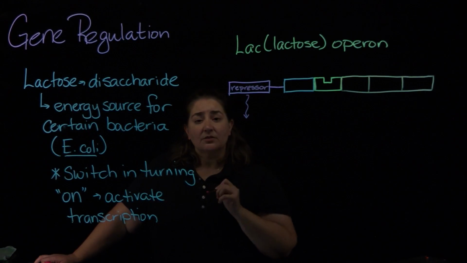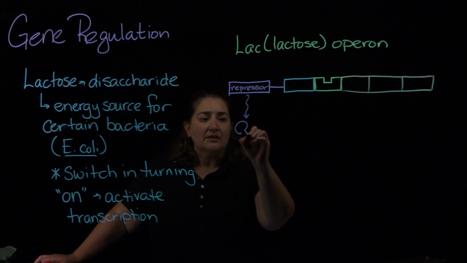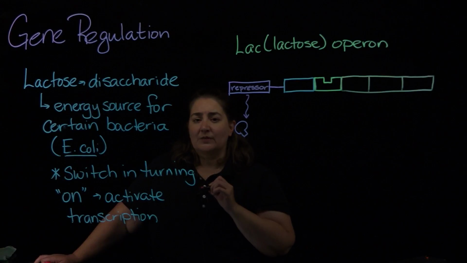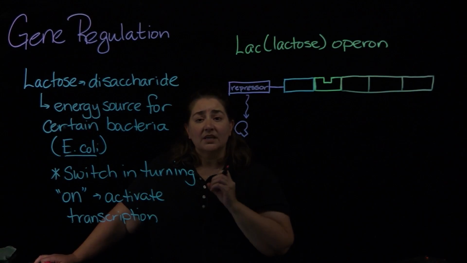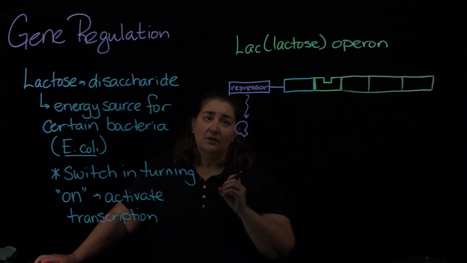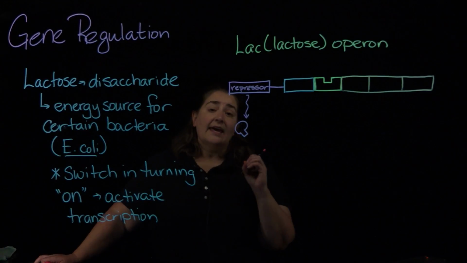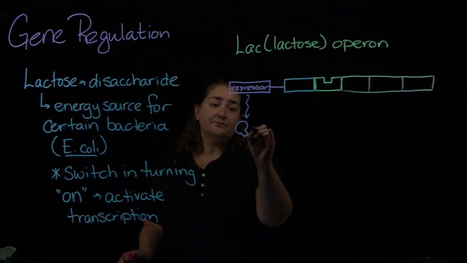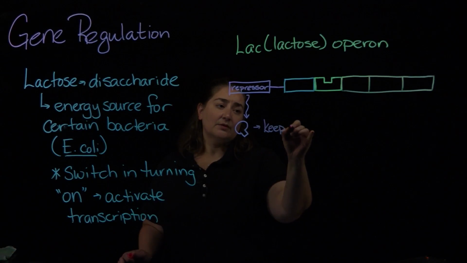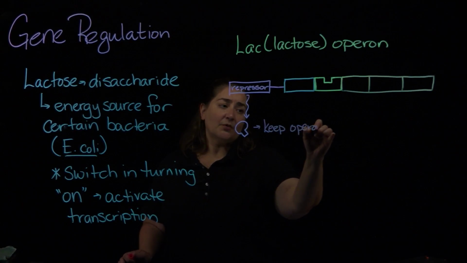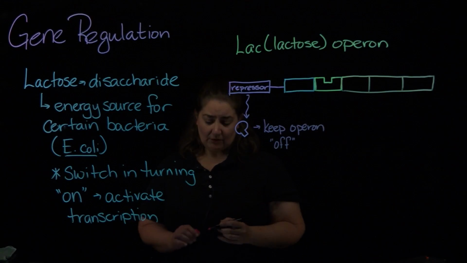So our repressor is going to be a protein that is always made, and I'm going to draw it just kind of as a mushroomy cap kind of thing here, okay? It's going to have some particular three-dimensional shape. The repressor is always made, all right? And the repressor is going to keep our operon in the off position, okay?